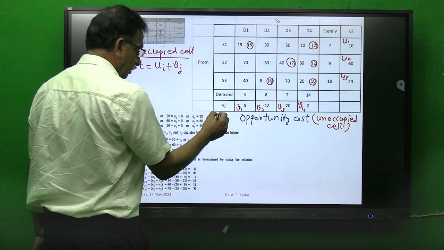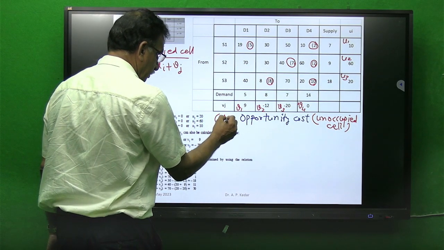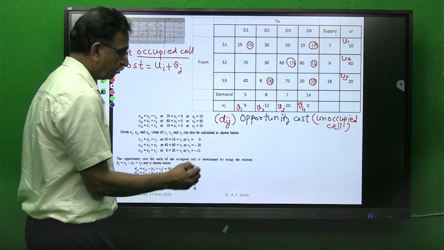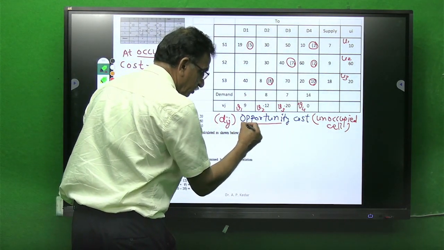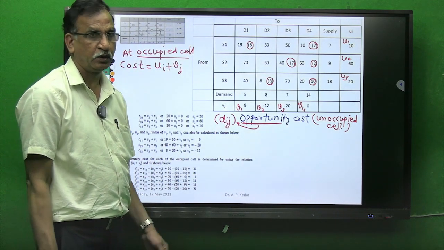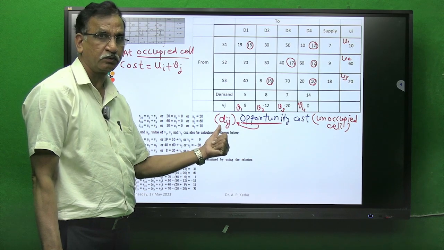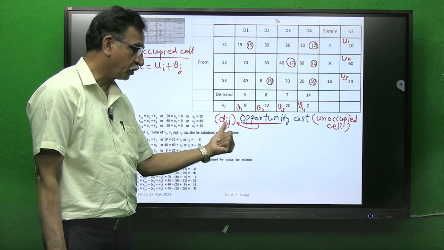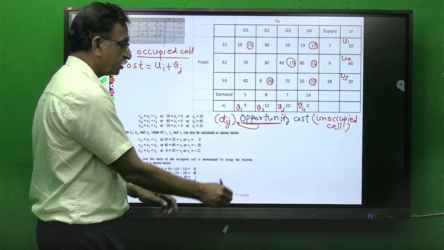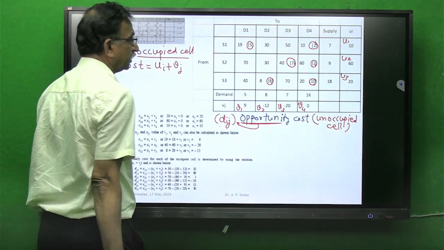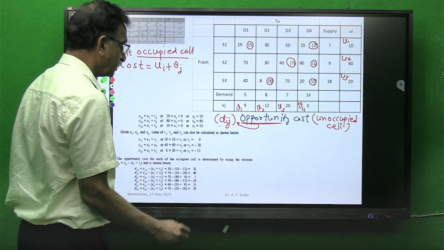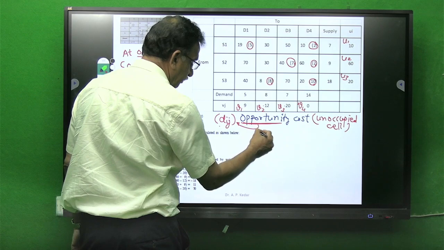If you recall, we said in the last lecture that we will denote this opportunity cost by the variable small d, dij, where i stands for rows and j for columns. So this is to be evaluated for unoccupied cells, and the question is how this dij will be calculated.